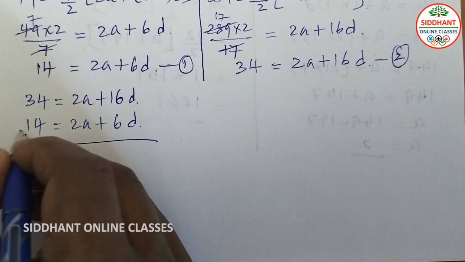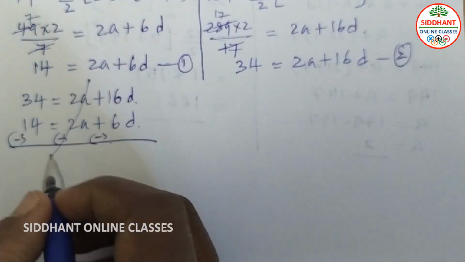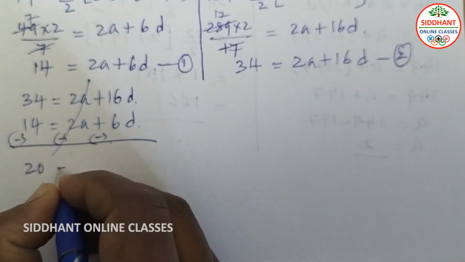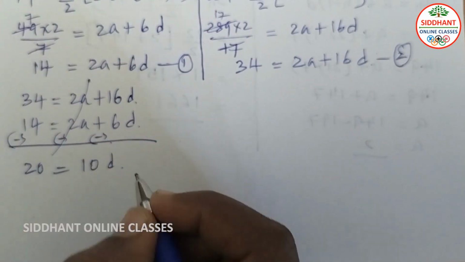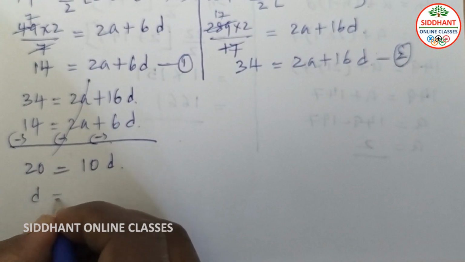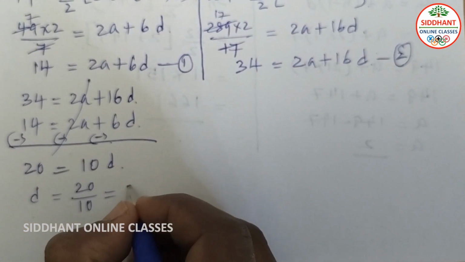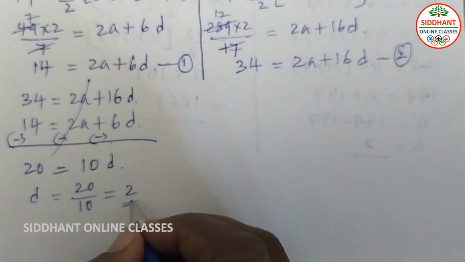So here, multiplying with a minus sign, 2a cancels. 34 minus 14, which will be 20, and 16 minus 6, which will be 10d. So d is equal to 20 by 10, that equals 2. So d is 2.